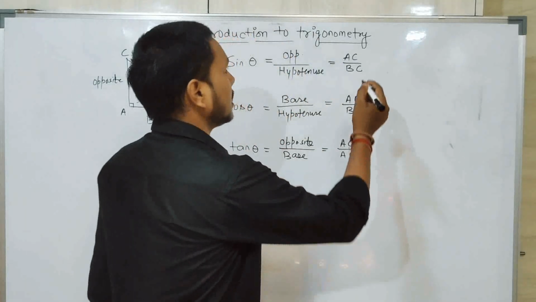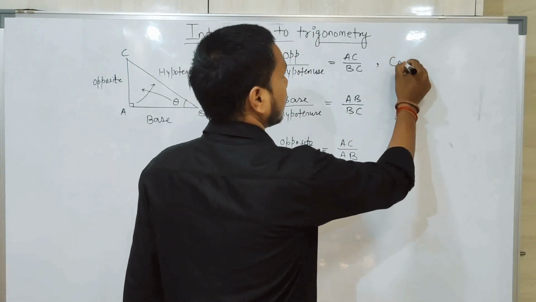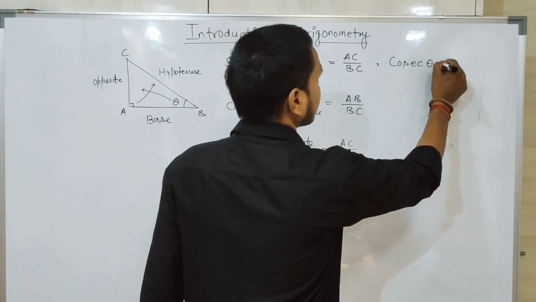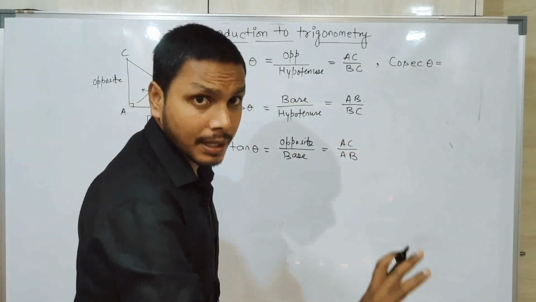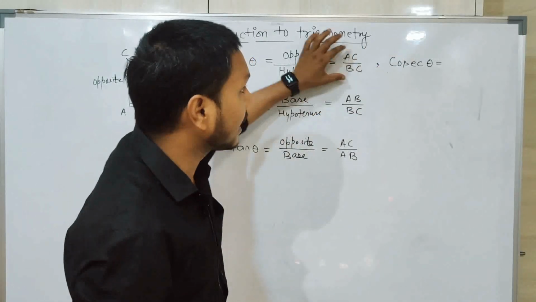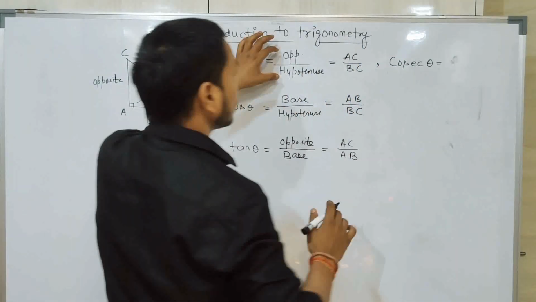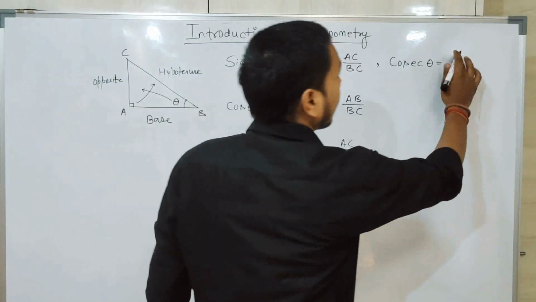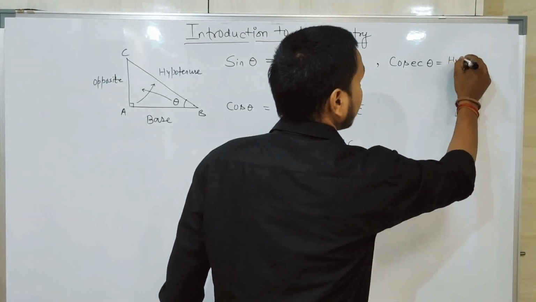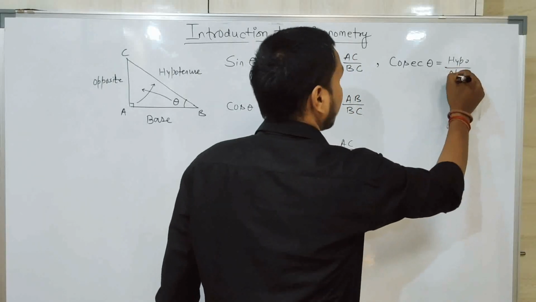They also have reciprocals. The reciprocal of sine theta is known as cosec theta, which is BC by AC, or in terms of hypotenuse and opposite, hypotenuse upon opposite.